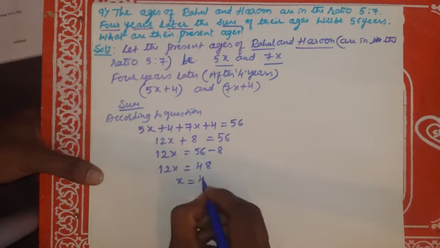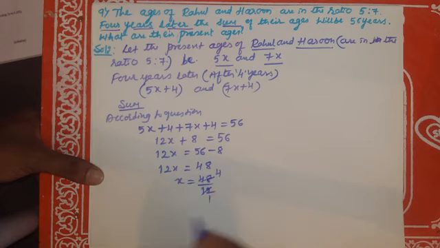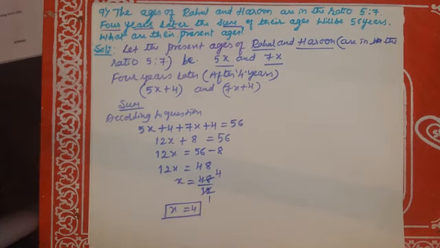x is equal to 48 by 12, this 12 taking the denominator place. 12 1s are 12, 12 4s are 48. Therefore, x is equal to 4, right?